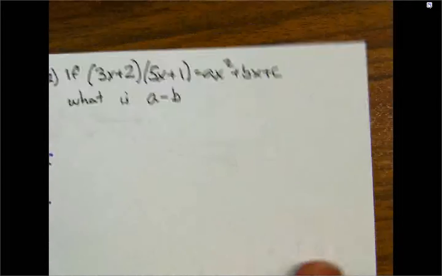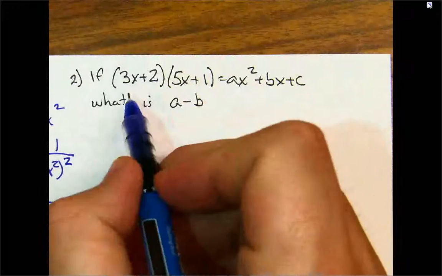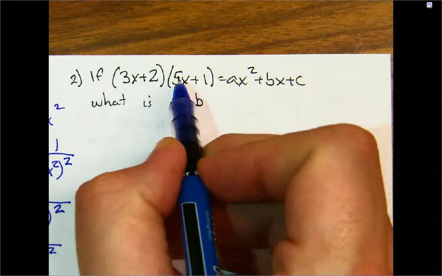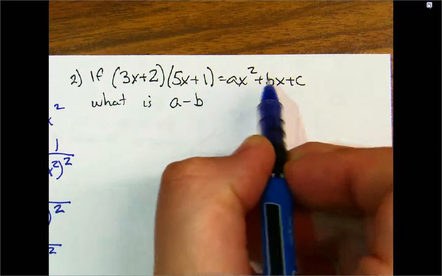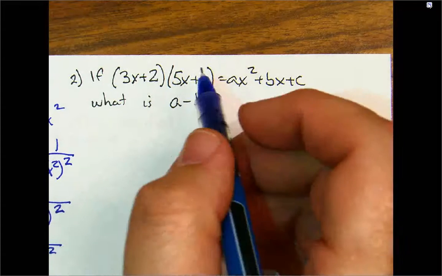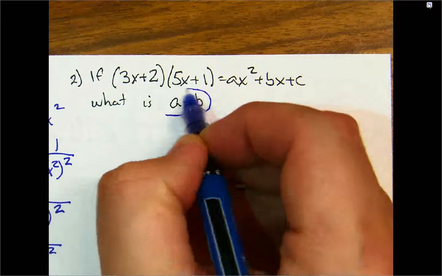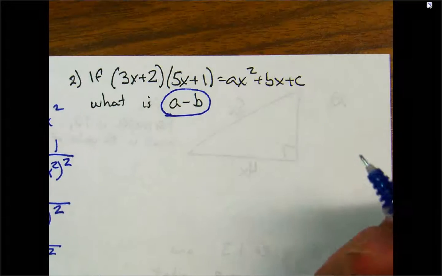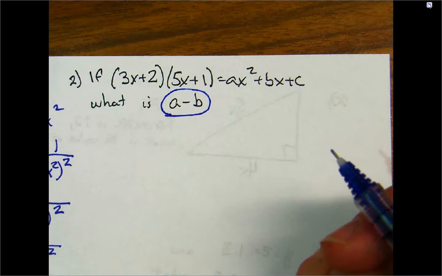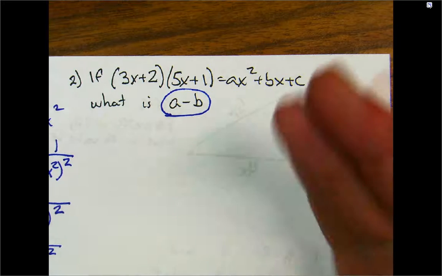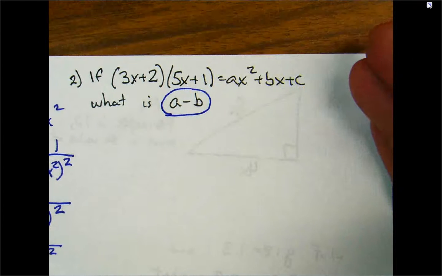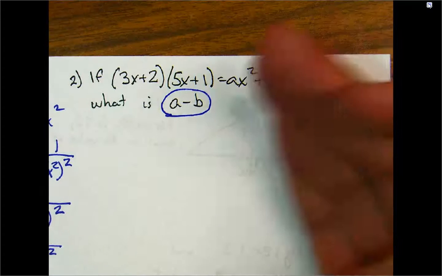It says two binomials multiplied together is equal to ax squared plus bx plus c, which is expected when you multiply two binomials like that. But then, once you figure out what A and B is, it doesn't just say what's A and what's B, it's what's A minus B. So you have to take that extra second step. So you got to read this carefully and figure out exactly what they want.